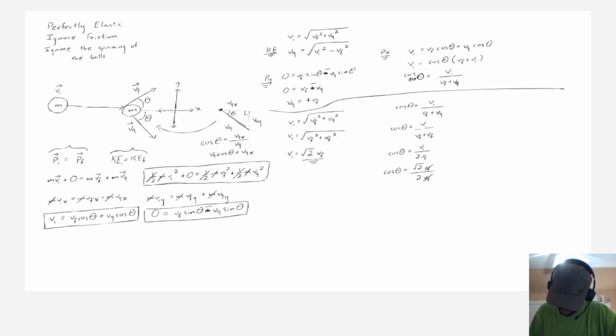And I'm also going to take the inverse cosine of both sides, so we'll get theta equals inverse cosine of square root of 2 over 2. And due to our little diagram that we drew and just knowing how pool balls bounce into each other, we know that this has to be 90 degrees or less. So theta equals, and if we were to do our unit circle, down here.